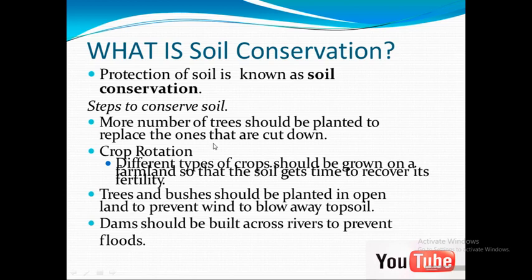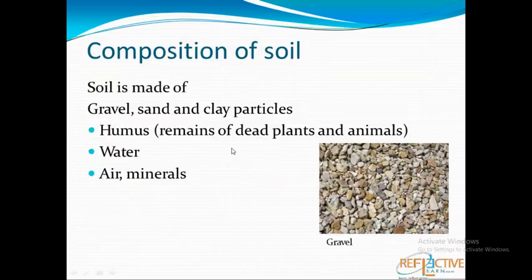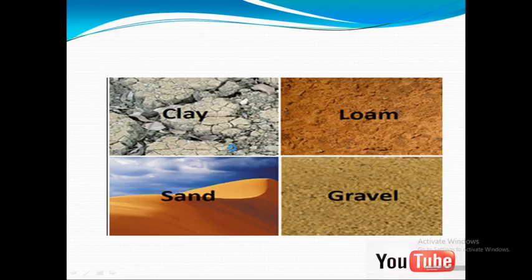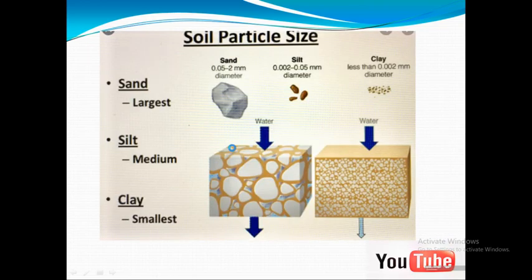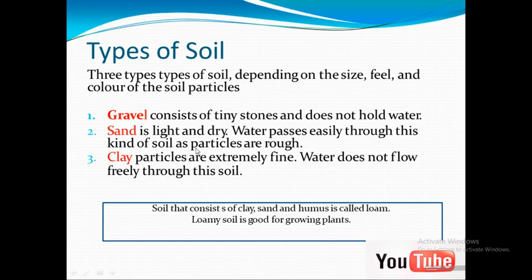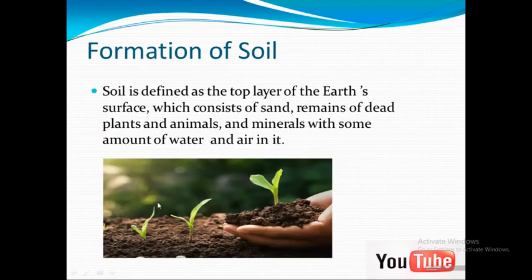So class, this is all about soil and weathering of rock. We have studied soil and its types. Soil is the topmost layer of the earth's crust. It is made up of minerals and humus.